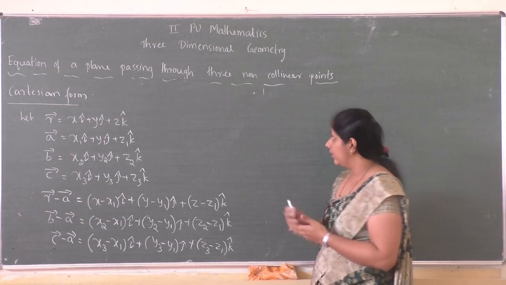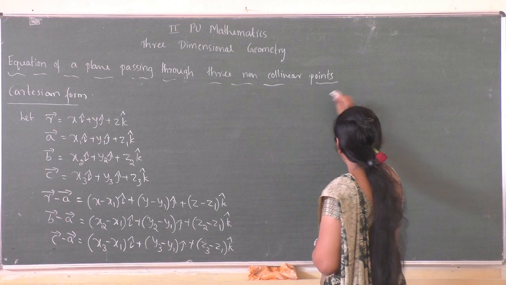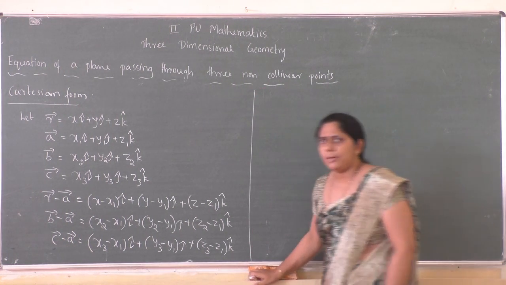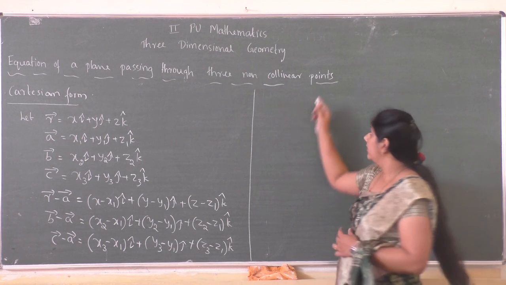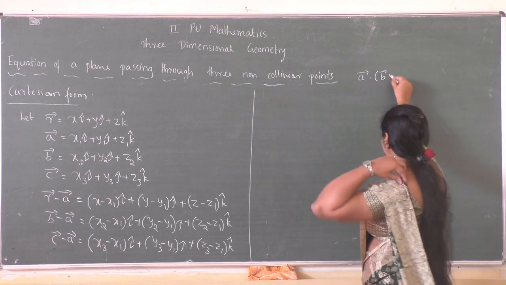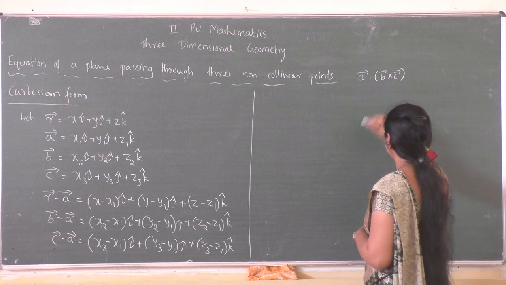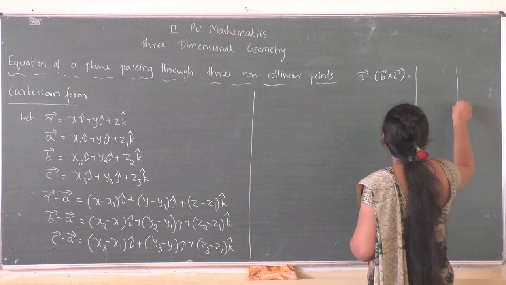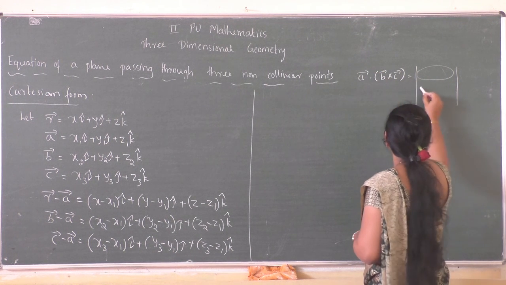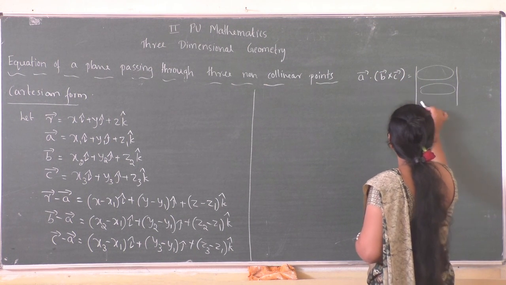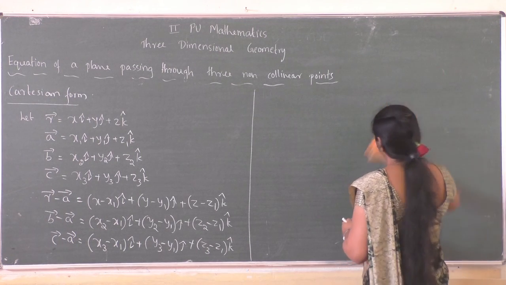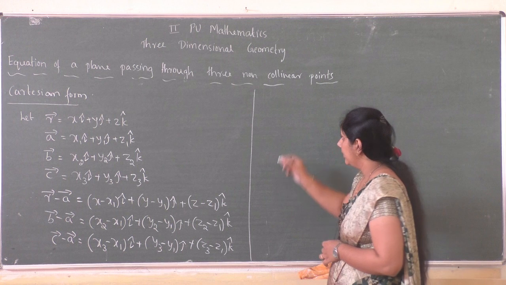It is a determinant. If we have the vectors A vector dot B vector cross C vector, then it is a determinant. Here we write the coefficients of A vector in the first row, the coefficients of B vector in the second row, and the coefficients of C vector in the third row. Same condition we will apply here.